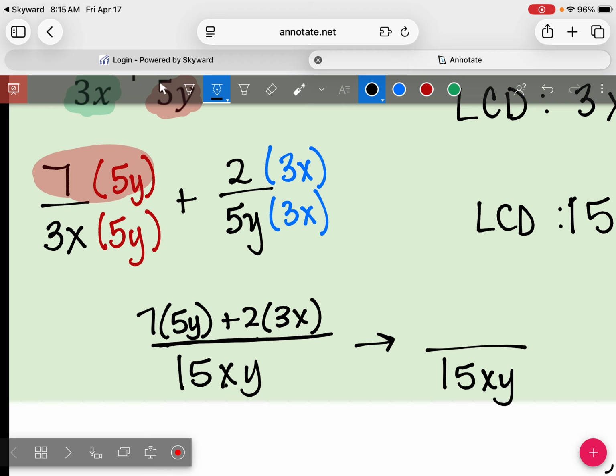So 7 times 5y would be 35y. And 2 times 3x is 6x. And that would be your final answer.